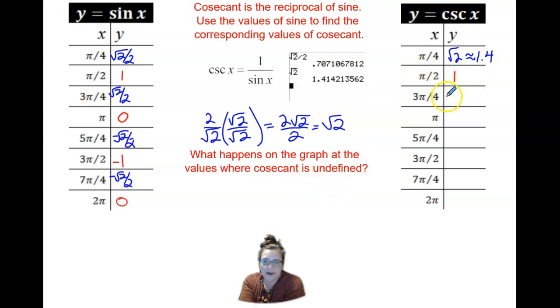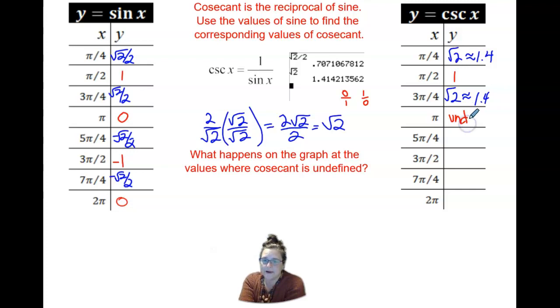Then at 3 pi over 4, we have another square root of 2, which is approximately 1.4. The reciprocal of 0 is undefined because if we're taking 0 over 1 and getting its reciprocal, that would be divide by 0, which is an error. So that's undefined.